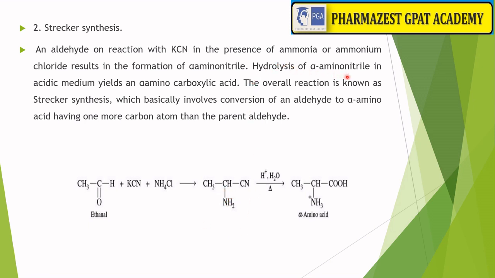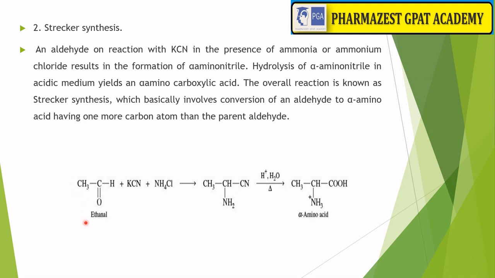Hydrolysis of alpha amino nitrile in acidic medium yields an alpha amino carboxylic acid. The overall reaction is known as Strecker synthesis, which basically involves the conversion of an aldehyde to an alpha amino acid having one more carbon atom than that present in the aldehyde.